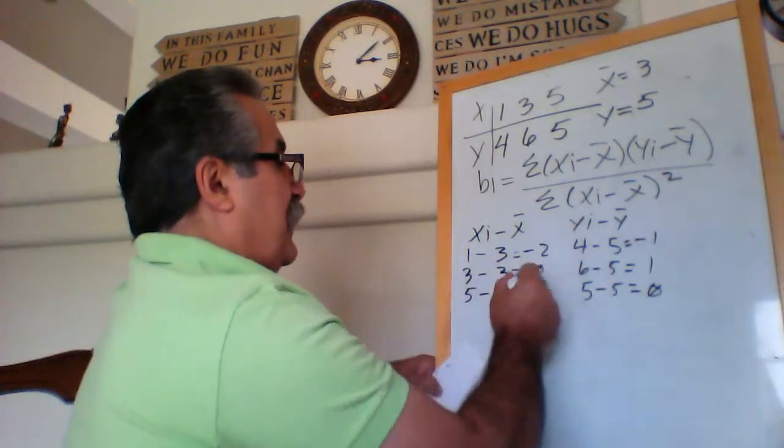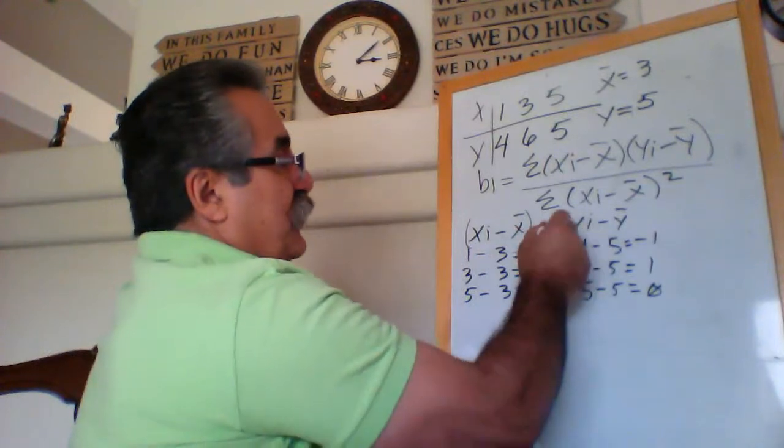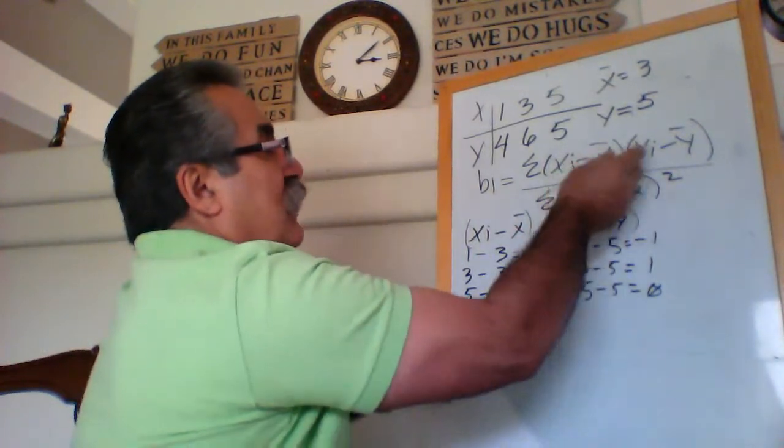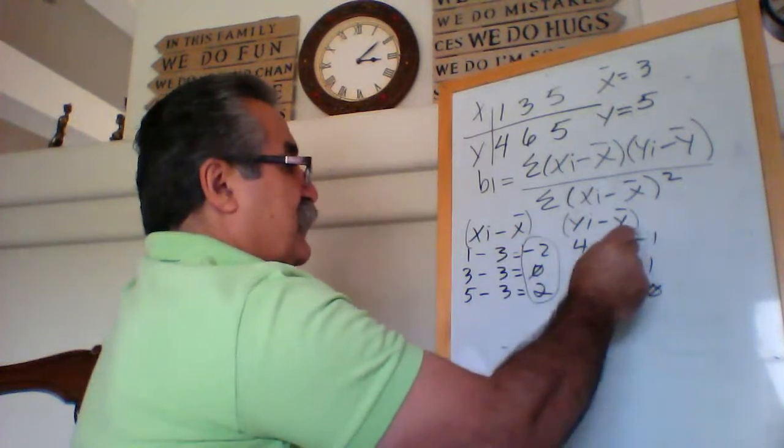Now we go ahead and multiply these. So xi minus x bar times yi minus y bar. That means we multiply these by these.